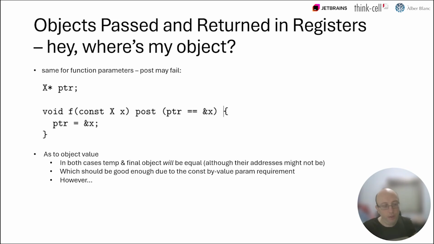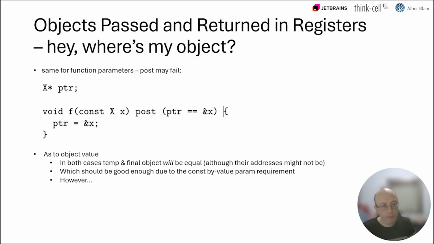However, when we initially capture that address of the input parameter for the benefit of the postcondition, at that time it may still be in a register. Therefore, these two are not guaranteed to be equal in terms of address.